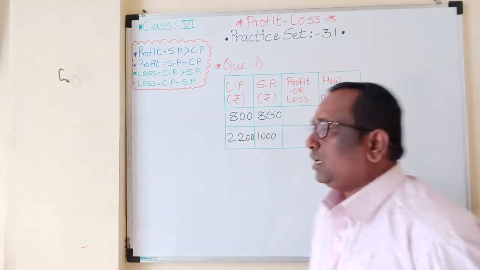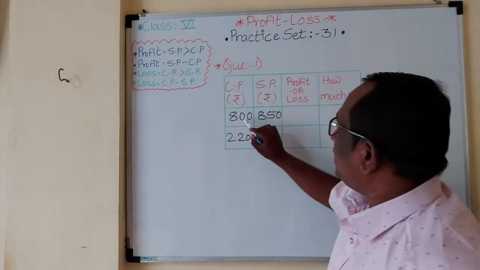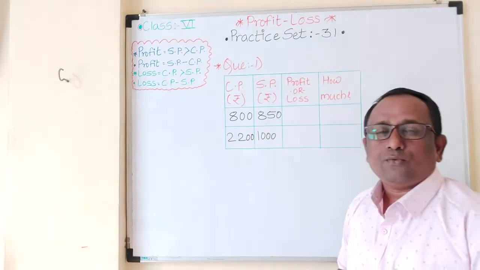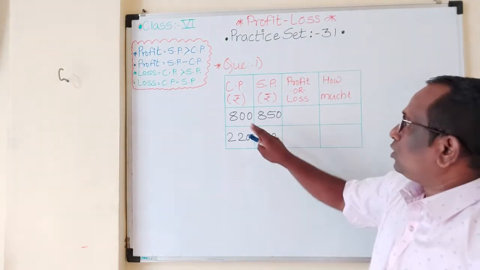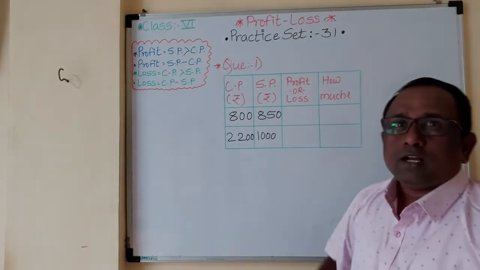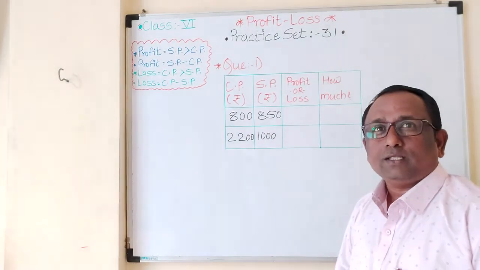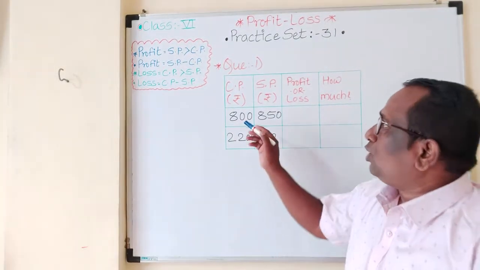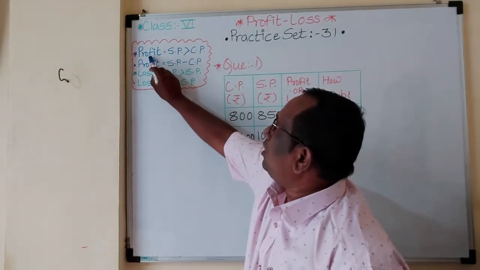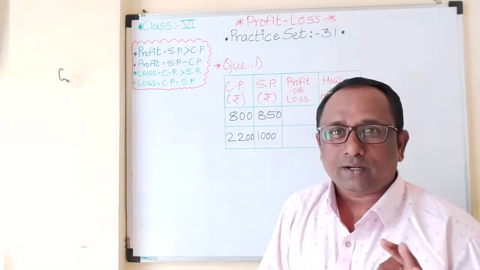Very simple, students. Just see here: cost price 800, selling price 850. Selling price is greater than cost price, so we get profit.